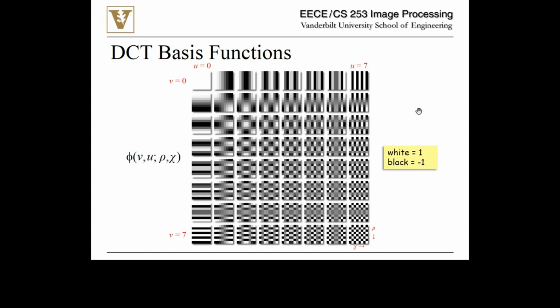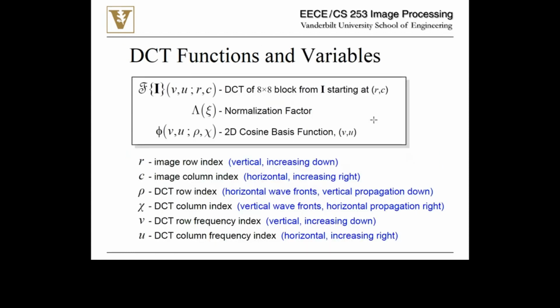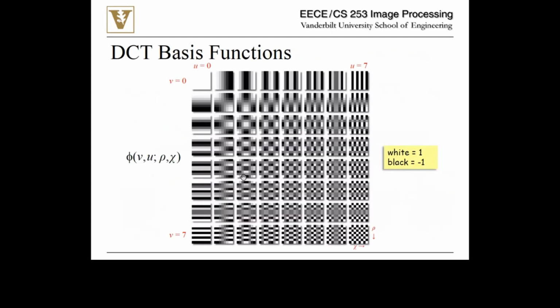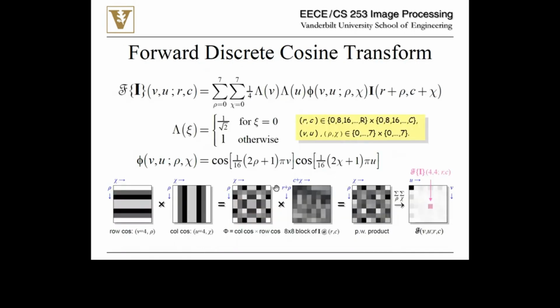Okay, so we are making the inner product of the input patches. So these are the patches coming from the image, and we are computing the inner product of those patches with these basis functions. And for each one of the inner products, you will get a number. So here are the inner products. This is the forward discrete cosine transform.